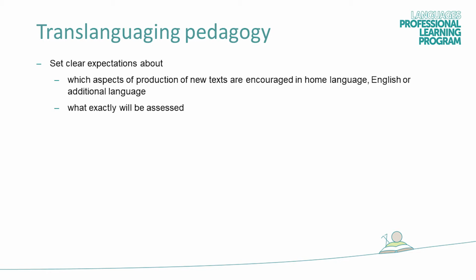I also let them know from the start what exactly will be assessed, and we will discuss together what ways home language might support the learning that will get them to the assessment point.